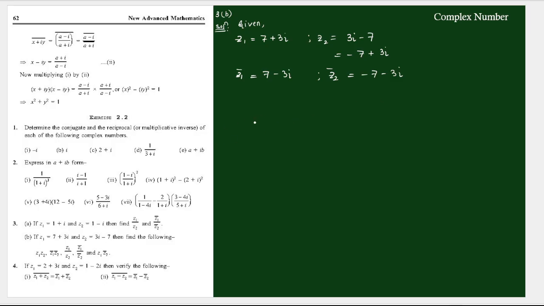Now let's find out one by one. First is z1 into z2. z1 is 7 plus 3i, z2 is minus 7 plus 3i.